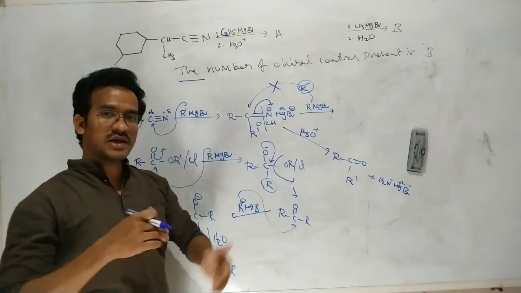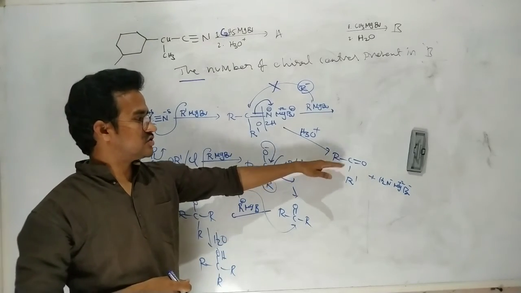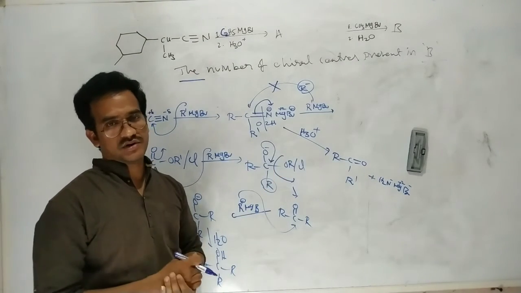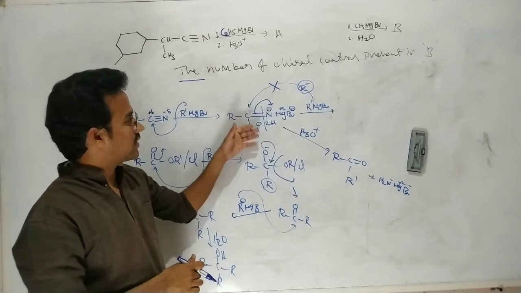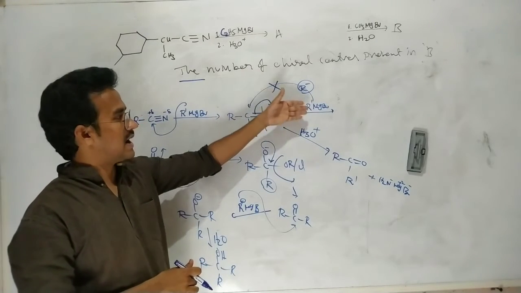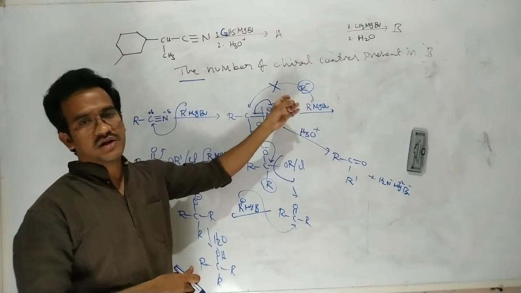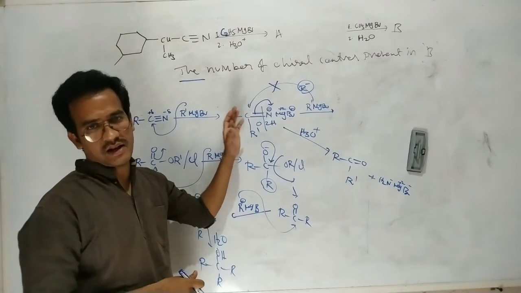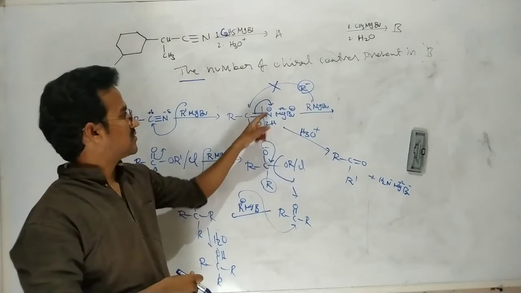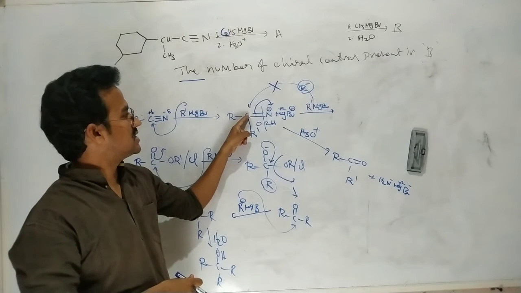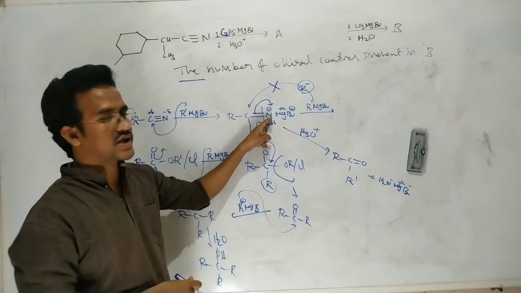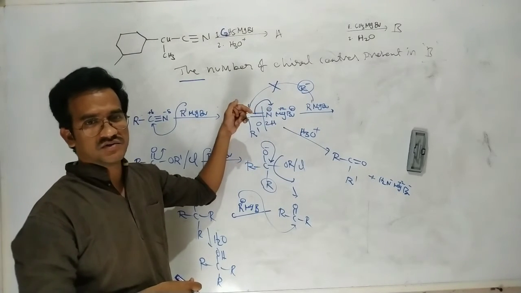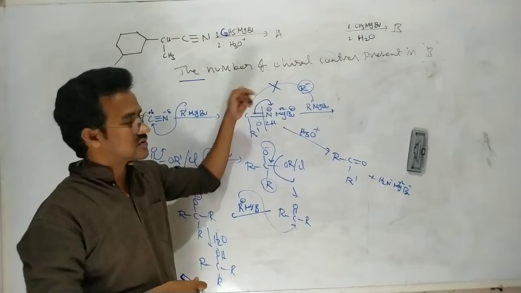Of course, again we can add a Grignard reagent to this carbonyl compound after hydrolysis. But until hydrolysis of this product, if you add an excess amount of the Grignard reagent, nothing is gained. It cannot be added to this C double bond N. For the addition of this R minus on this C plus, the electrons must be transferred to this nitrogen, which is already negatively charged and electron rich, so it cannot accept the electrons.